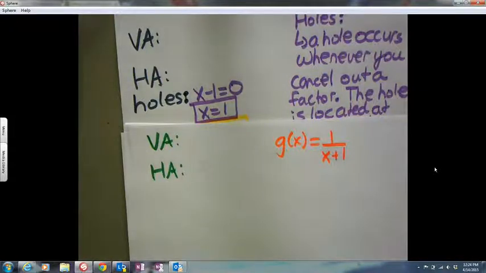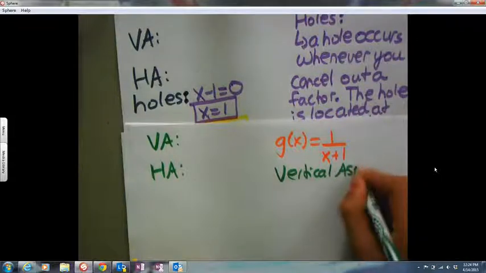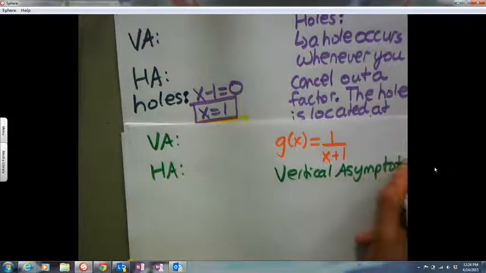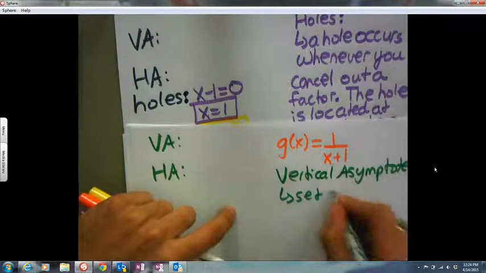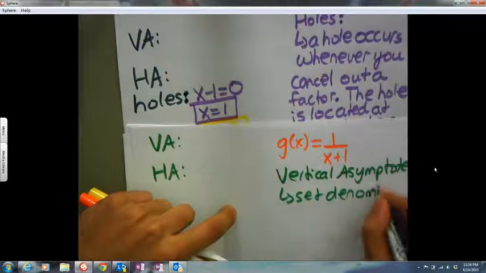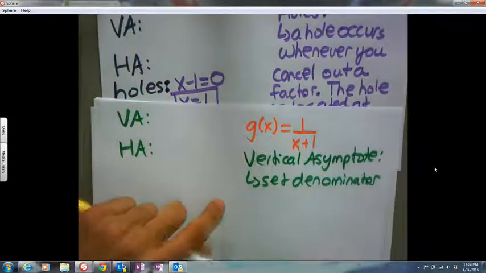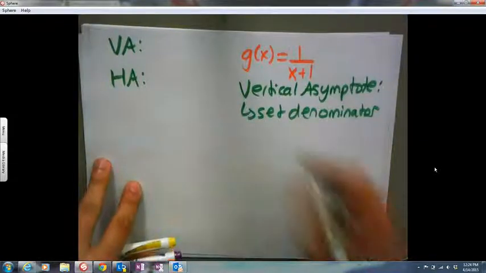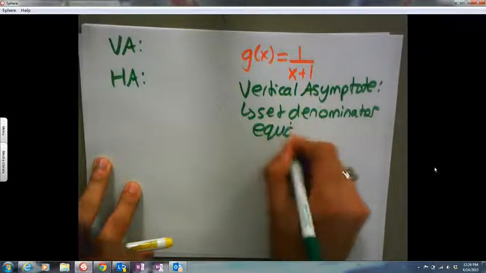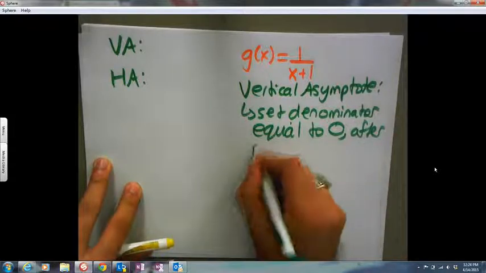Now, to find the vertical asymptote, this is a process that you all learned in your younger courses, which was to set the denominator equal to 0 after removing the holes.